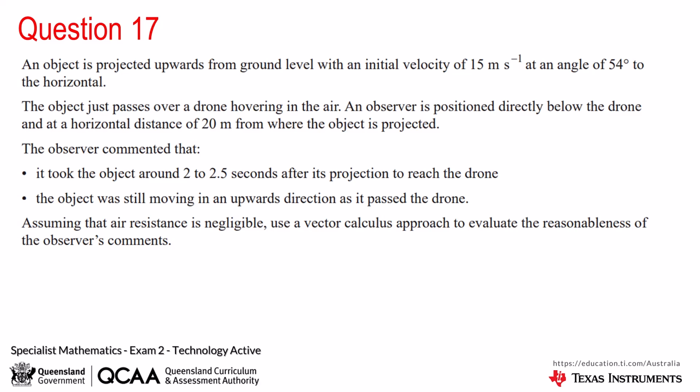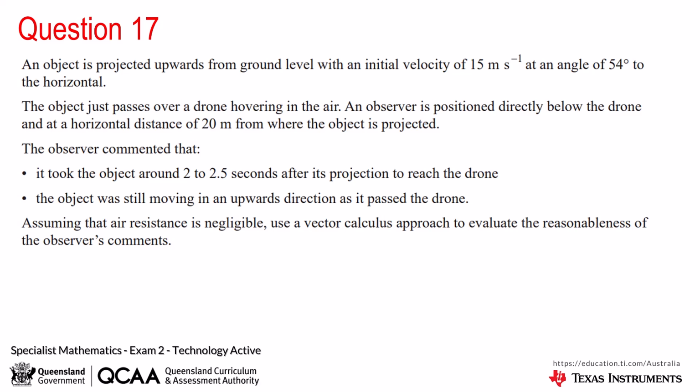Now, when t is equal to 0, v is equal to c, and so therefore we can say that vector c is equal to 15 cos 54 degrees i plus 15 sine 54 degrees j.